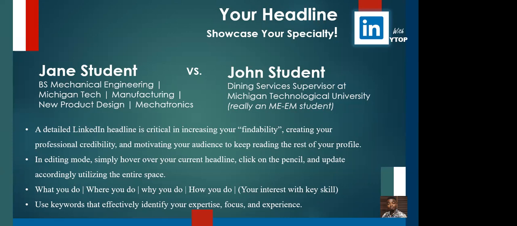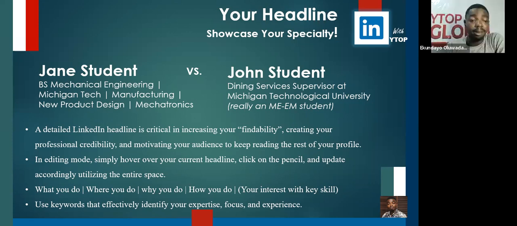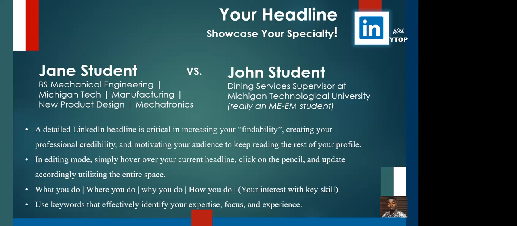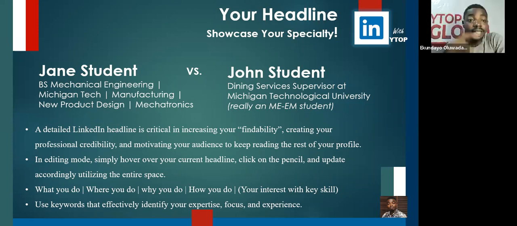Okay. Jane, student, BS Mechanical Engineering. Yeah, I can hear you. Jane, student. That one is more detailed. Just read the caption on the headline, the one on the left and the one on the right. The versus is a comparison.